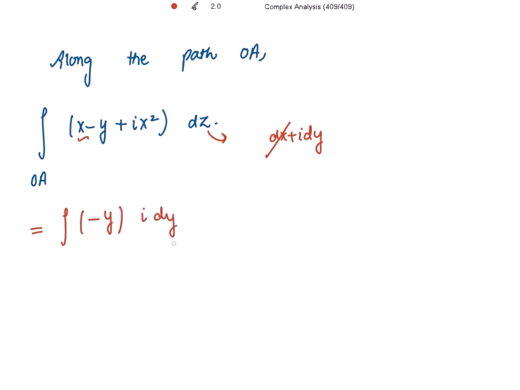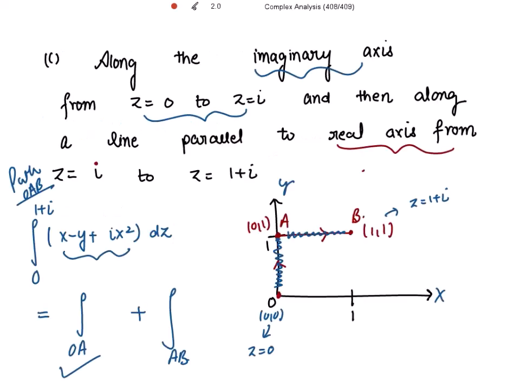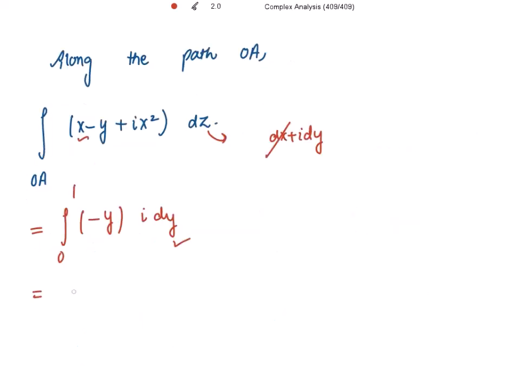And we have to write the limits for y. What are the limits? It is from 0 to 1. So minus iota, now integrating this, we have y square divided by 2, limits from 0 to 1. So this is minus iota, putting the upper limit, 1/2 minus then 0. So we are getting minus iota by 2.